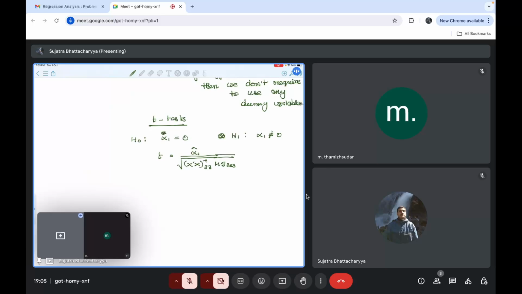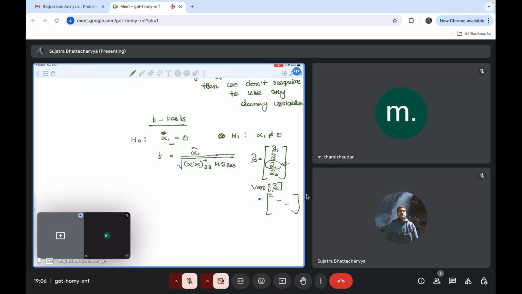All right. So this is okay. Why 3 3? If you remember, beta hat has first beta naught hat, next beta hat, then alpha 1 hat, then alpha 2 hat. So the third element is your alpha 1 hat and you are testing for alpha 1. That's why the 3 3 element has to be used, because the variance of beta hat will be a variance covariance matrix like this.